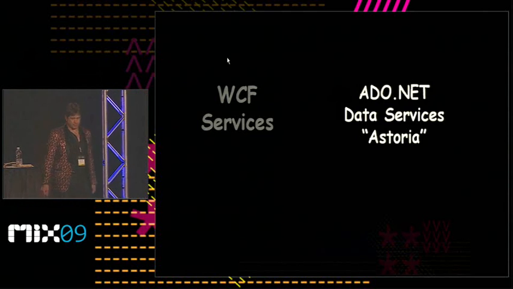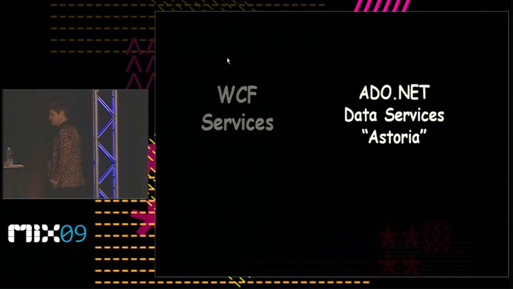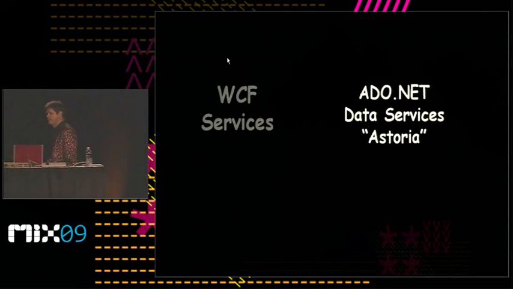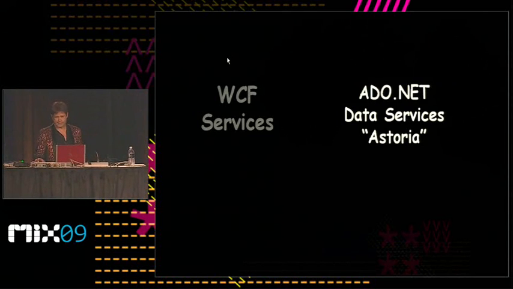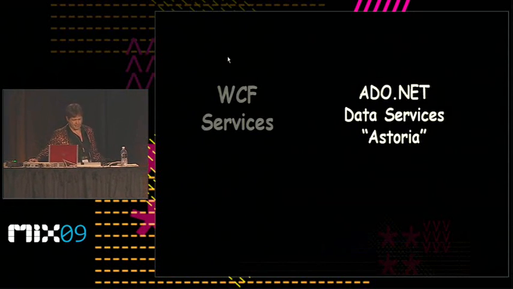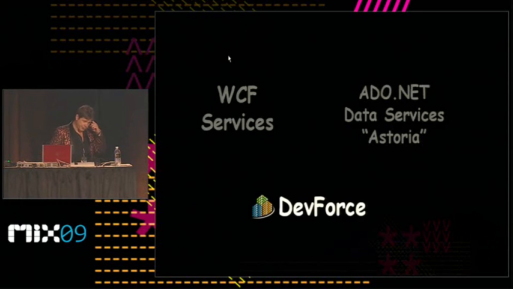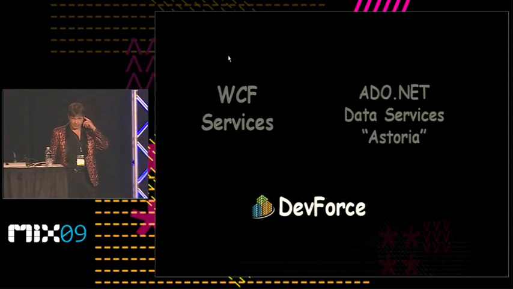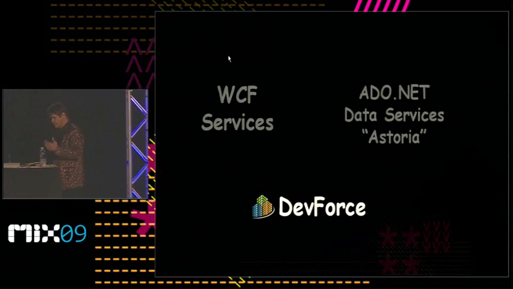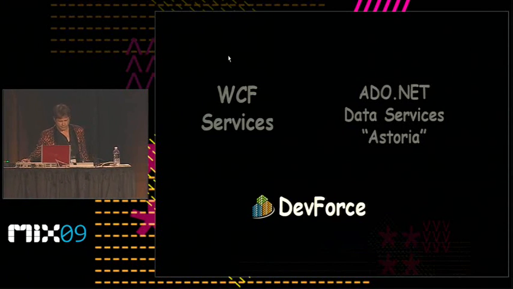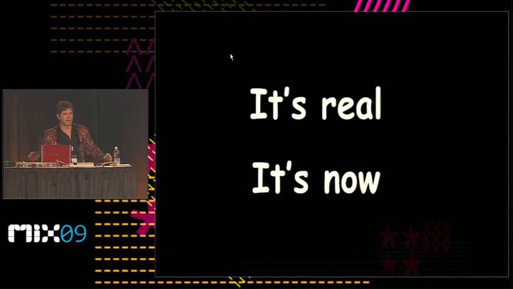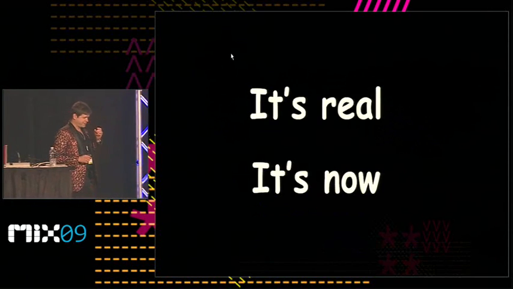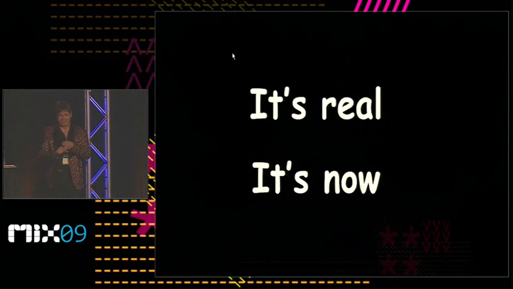And so partly addressing that is something called data services, affectionately known by its original code name Astoria. And these are 2 ways to go about it. And I'm going to show you another one called DevForce, which is what we offer. Now, the thing to know about it is that it's real and it's available now.